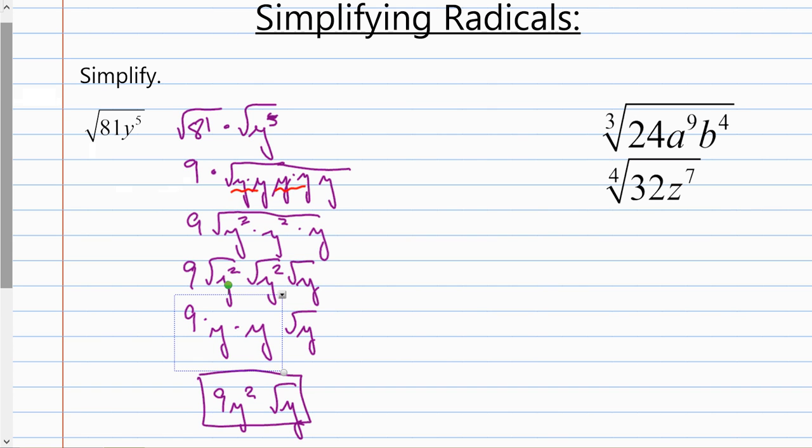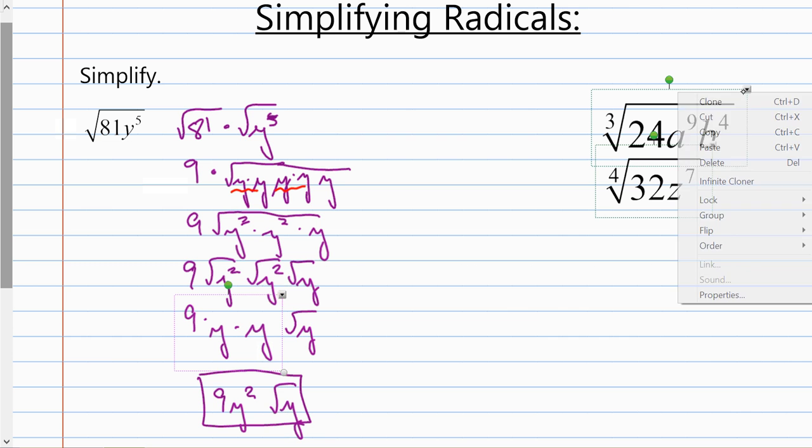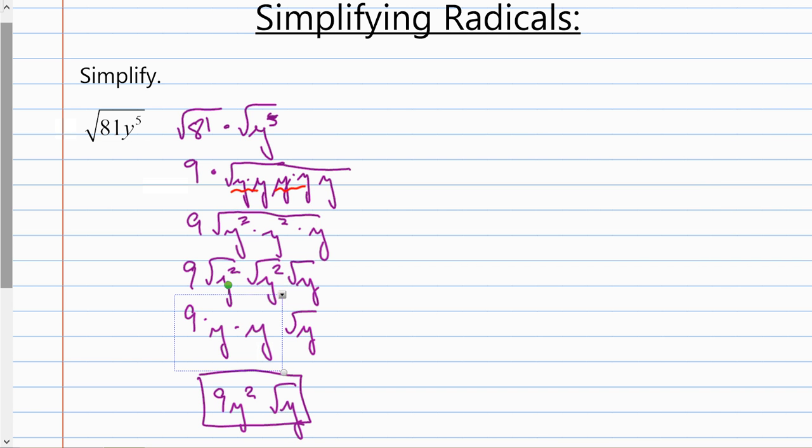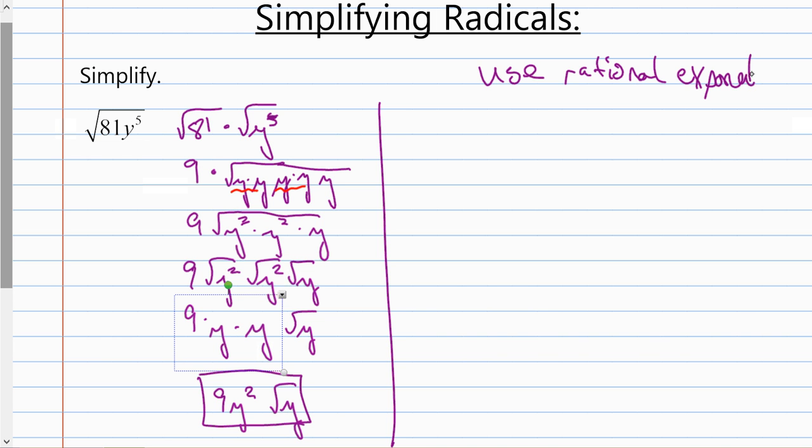Another way you could visualize this, let me just remove these really quick. Another way you could visualize this, and it might be helpful for some of you, we could also do this using rational exponents. So, again, I'm just going to rewrite my problem.